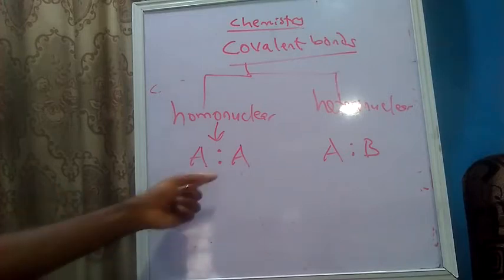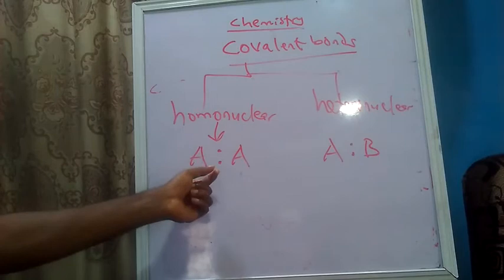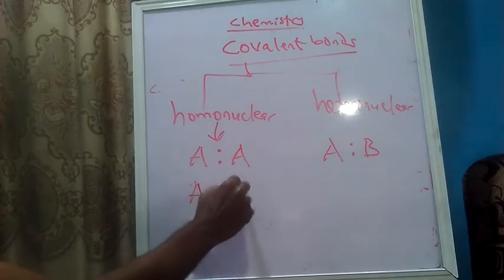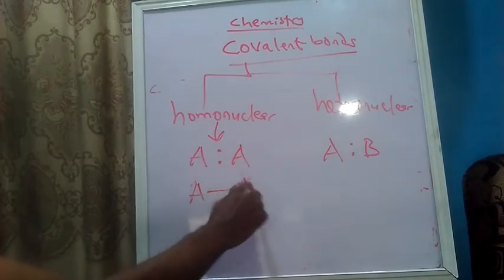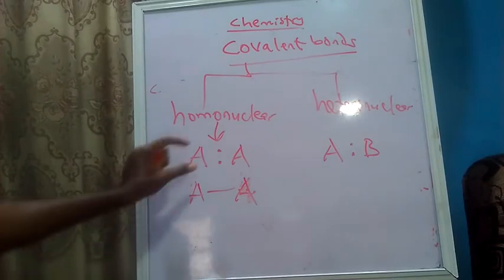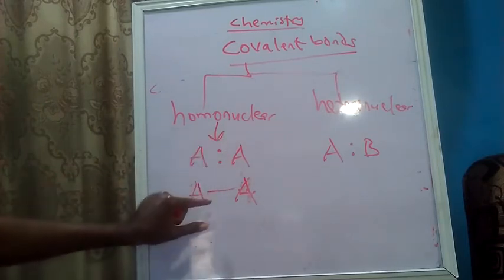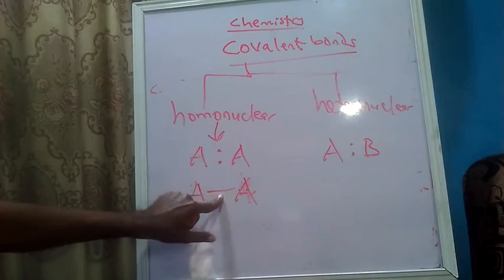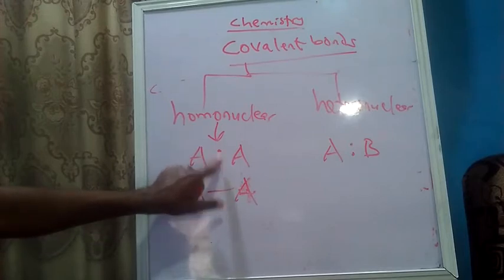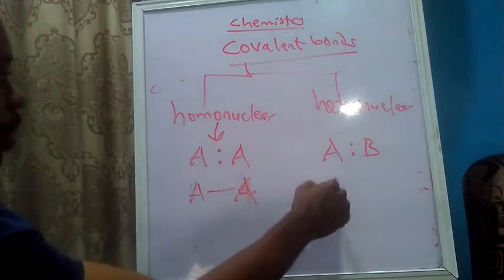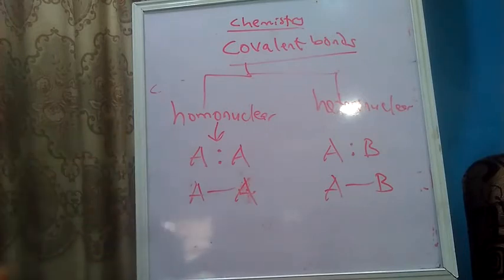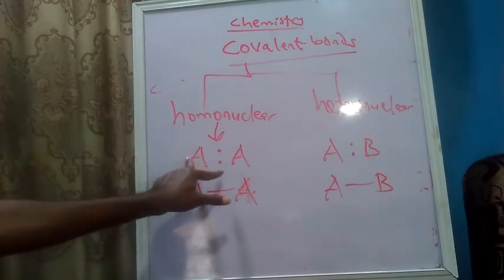In other words, these outer electrons being shared by two of the same atoms here, A in this case, can be written in this form, A and A. I am just trying to say here that these electrons holding A together are equivalent to this. You can also write it this way, meaning that a covalent bond here represents two electrons or a pair of electrons. So I can also write this in this fashion. Okay, so a homonuclear covalent bond, like we've already explained, is a bond that is formed between two of the same atoms.